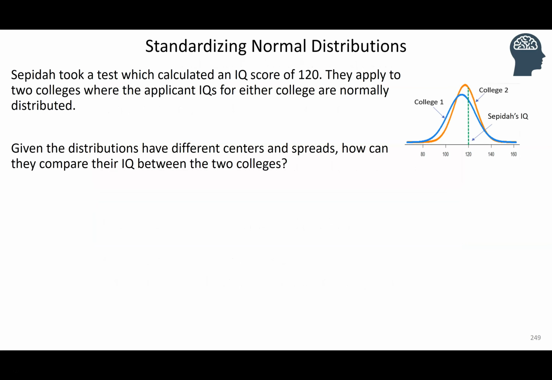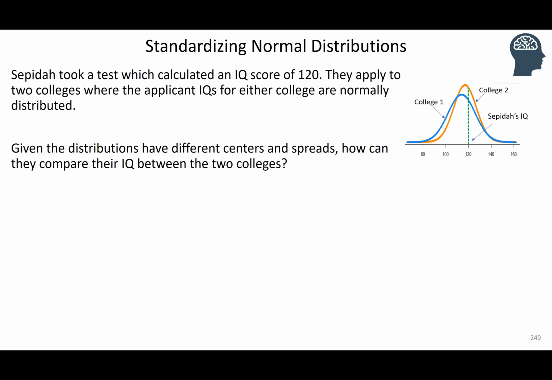So the idea behind standardizing is not everything's on the same scale, so it's really hard to compare things directly sometimes. So if we standardize, we can get them to both be on the same scale. So Sepeda took a test where they calculated an IQ score, whatever IQs actually measure, and they get 120 as their score.